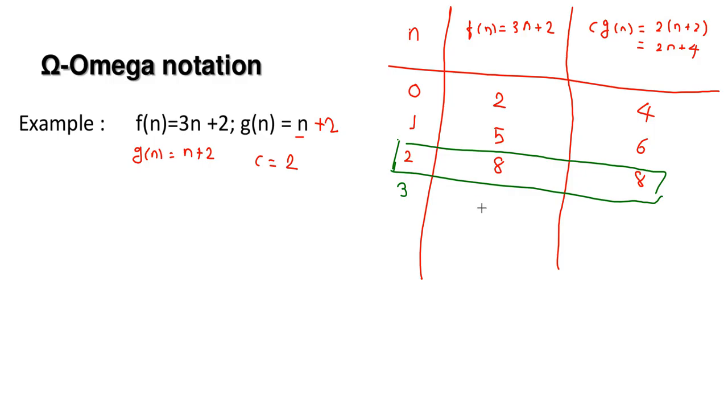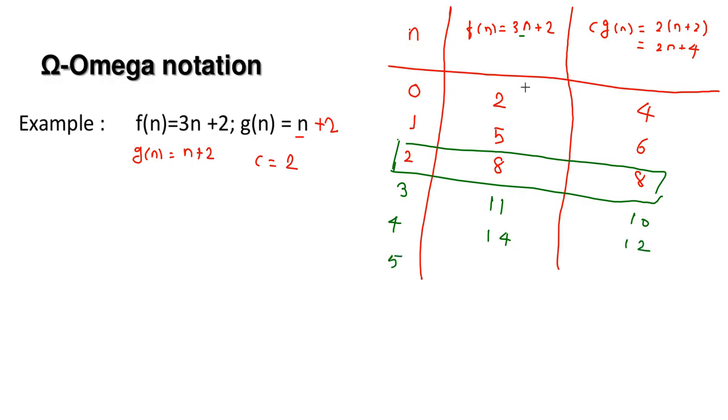For n equal to 3, we get 3 into 3, 9 plus 2, that is 11, and 2 into 3, 6 plus 4, 10. For n equal to 4, 4 into 3 is 12 plus 2, 14, and 2 into 4 is 8 plus 4, which is 12.